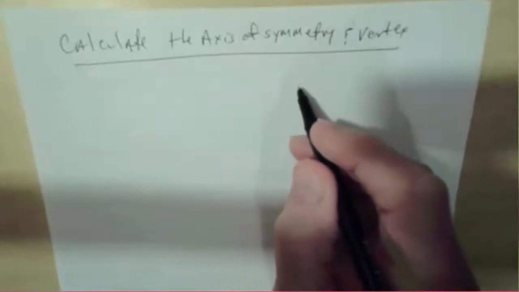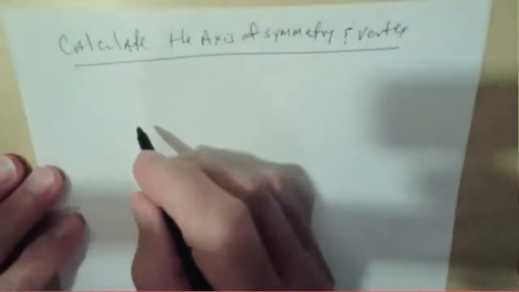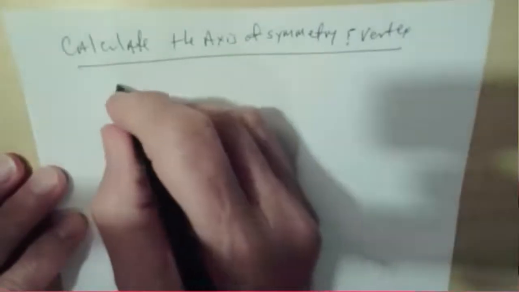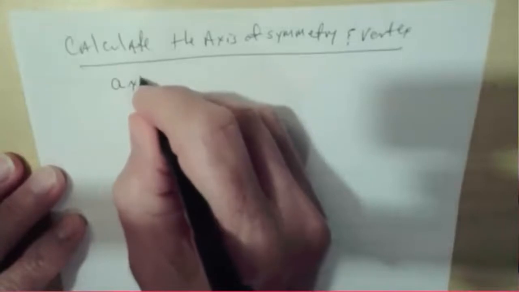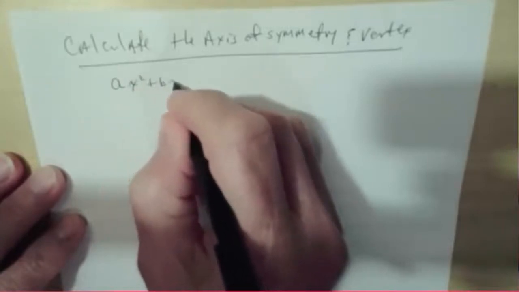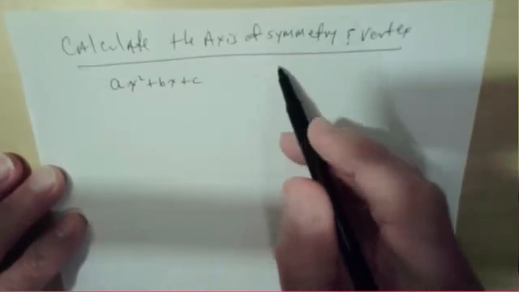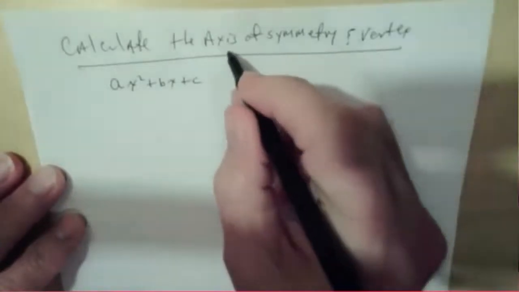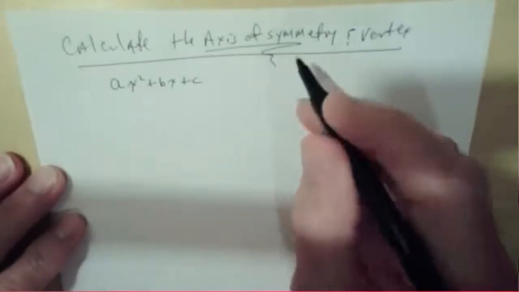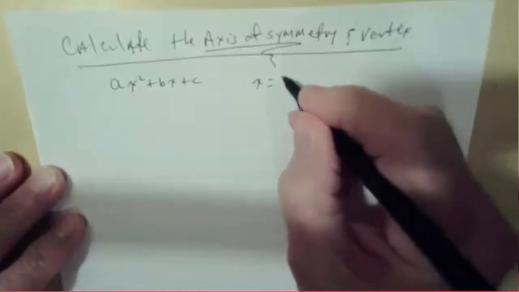Now remember, quadratics are always in the form, I know always is a long time, but ax squared plus bx plus c. Now the axis of symmetry is x will equal negative b over 2a.